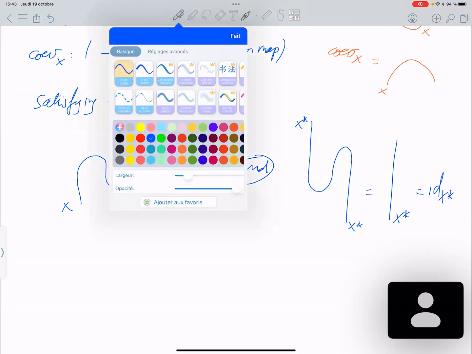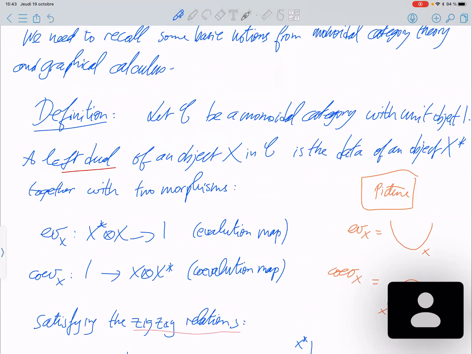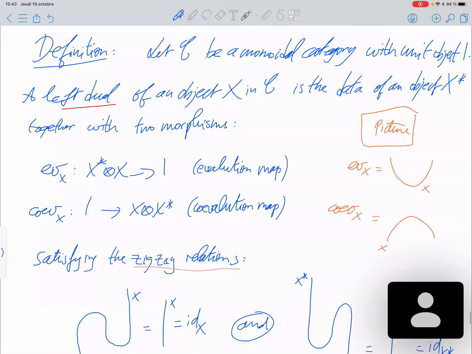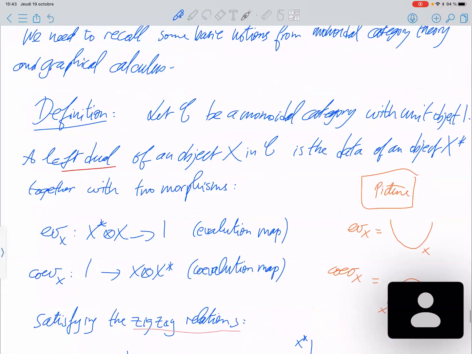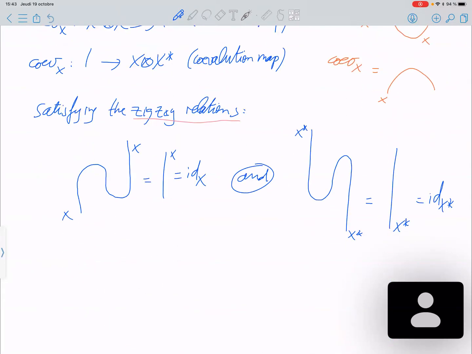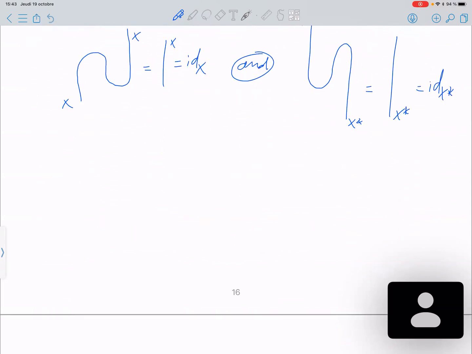Okay. So this is a left dual of an object. You have this one object X star, two morphisms, evaluation and co-evaluation map, and the zigzag relation. This is exactly the definition of a left dual. Now you can provide the definition of the left dual of a morphism.